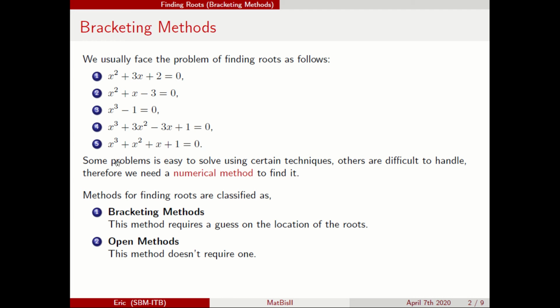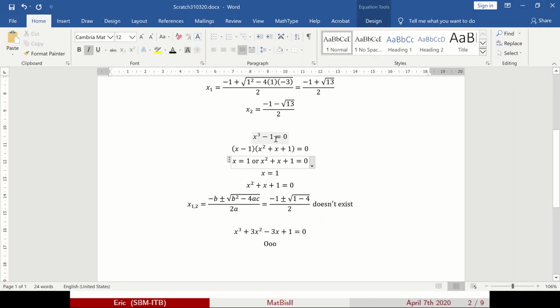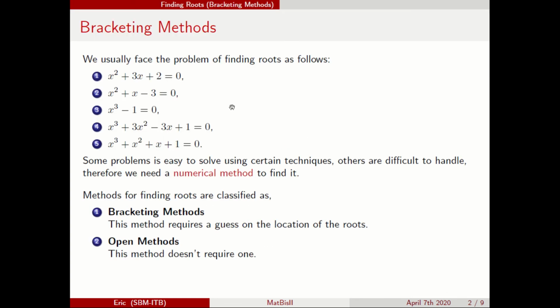So we usually want to know the roots of this equation, and if we cannot solve it algebraically, how do we find the roots? We usually find the roots using numerical methods. So today we are going to talk about methods for finding roots numerically.